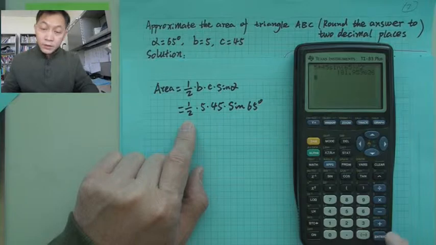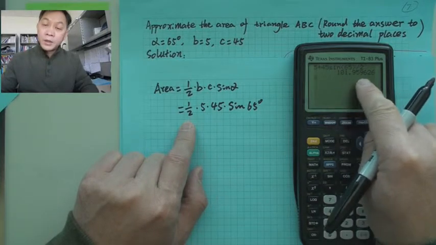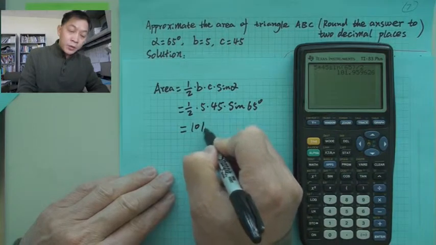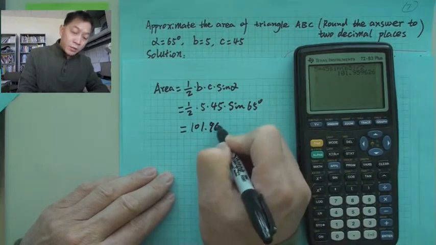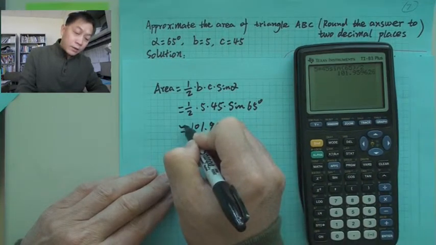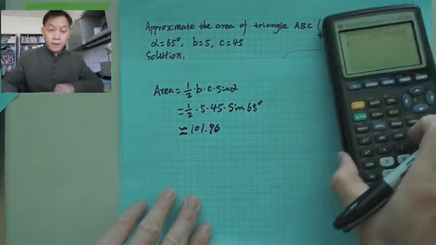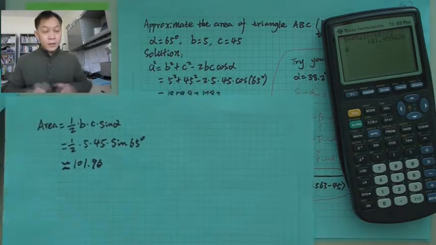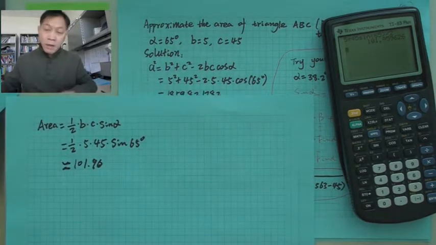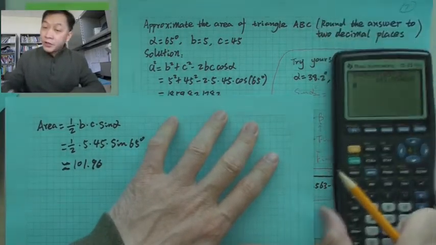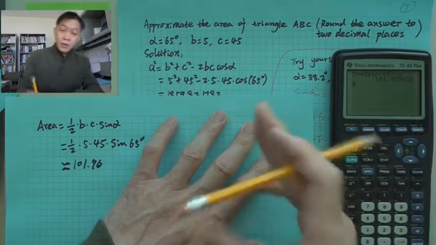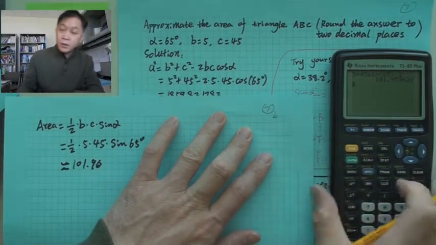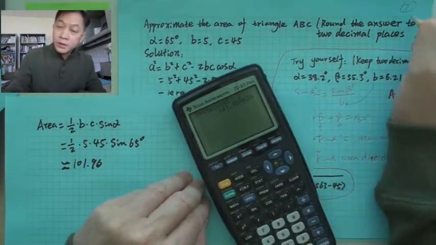See, 101.96, approximately 101.96. You see, the answer is the same. So I will mark this one. This is page 7. I may mark here 7B, and here 7A.